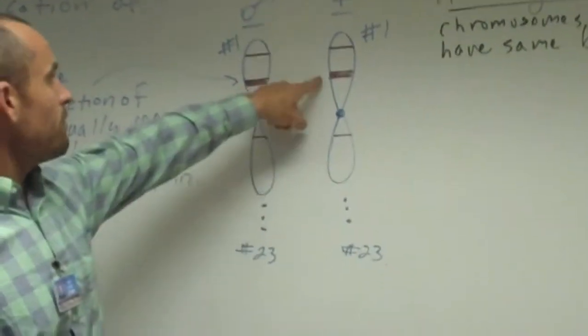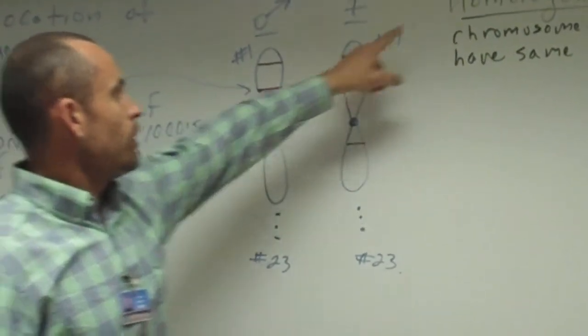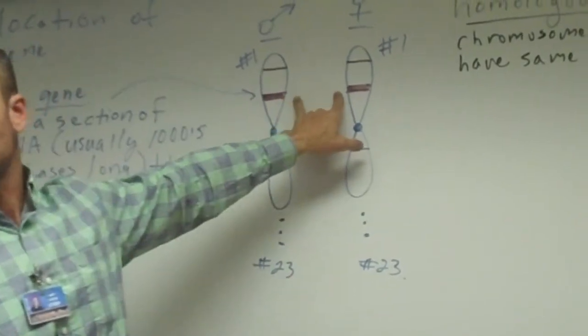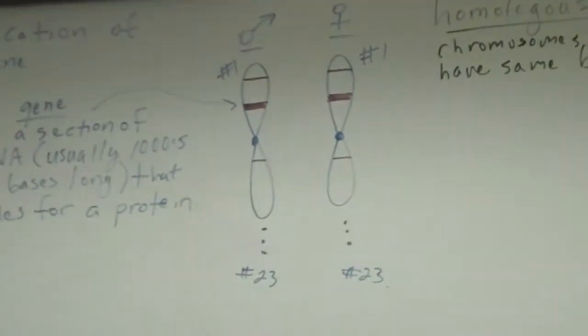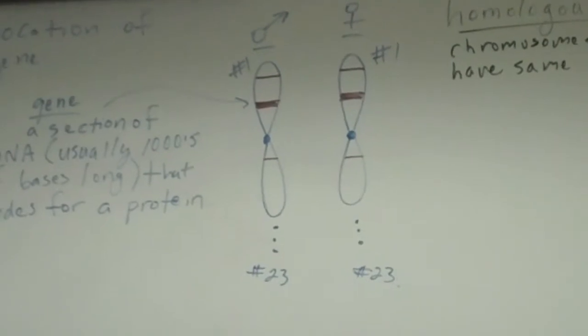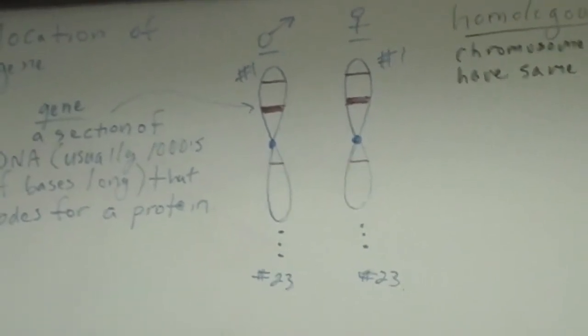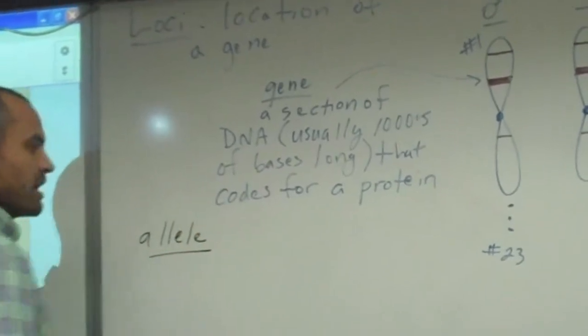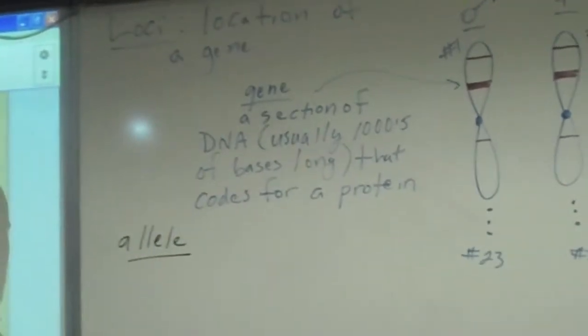So loci means we have this location. You have 2 homologous chromosomes that code for the same thing, and these two spots both code for hair color. However, there's this thing called an allele, and this is the term that I'm going to use a lot more than anything else. They'll say allelic frequency, types of alleles.